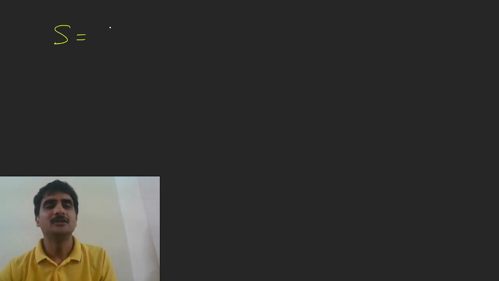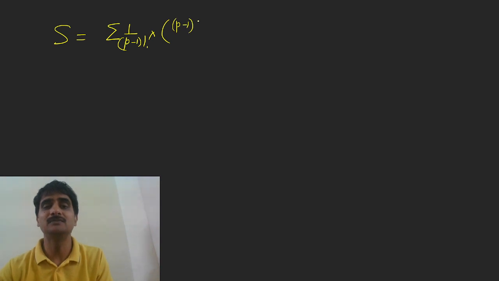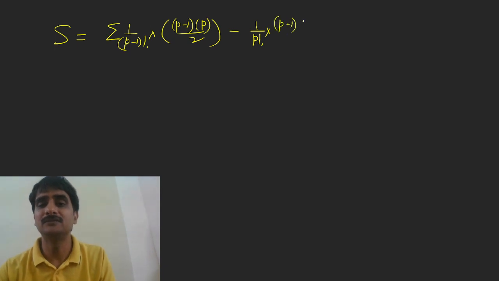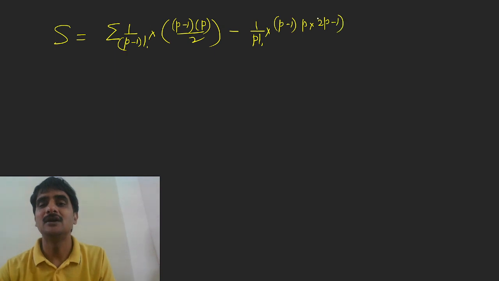So S is 1 upon p minus 1 factorial into summation of a. Summation of a is p minus 1 into n plus 1, so p by 2. That's 1 minus 1 by p factorial into summation of a square, which is n into n plus 1 into 2n plus 1 upon 6, which is p minus 1, into p, into 2p minus 1 upon 6, whole within this summation. So now we need to simplify.